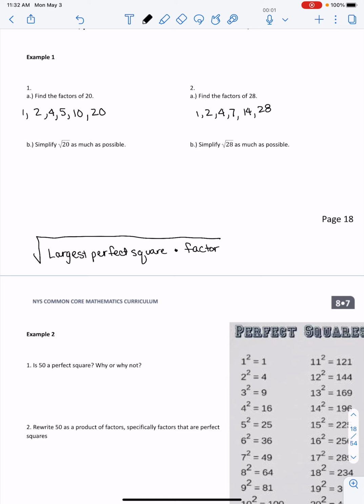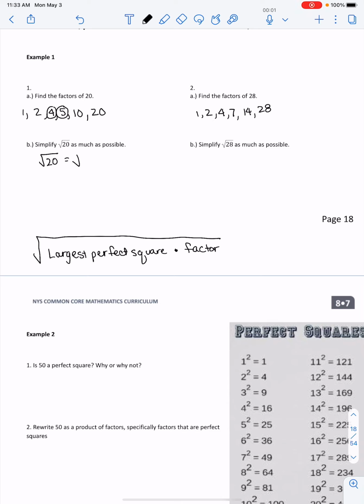Because we're going to take that perfect square and multiply it by that factor. So to simplify the square root of 20, we're going to take that perfect square of 4 times the 5.